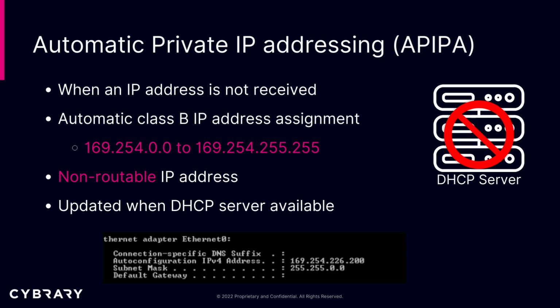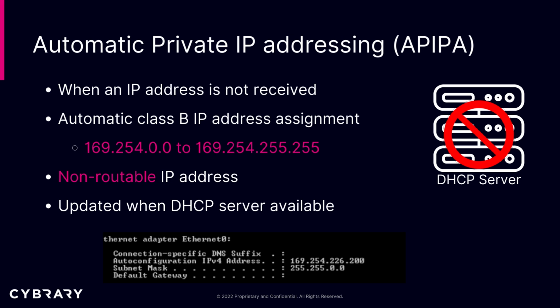And this IP address assignment is going to be between the range of 169.254.0.0 to 169.254.255.255. It's a non routable IP address, meaning when you get this IP address, you will not be able to travel across the network, nor would you be able to get out on the internet. And you'll only get this when your operating system has not received an IP address within a certain amount of time from the DHCP server or service.